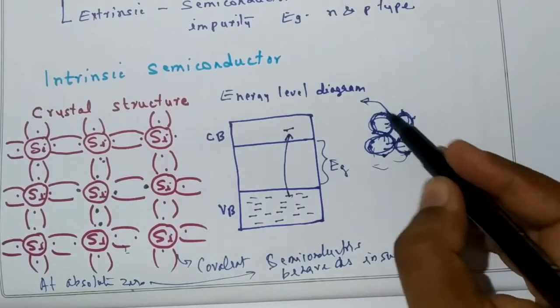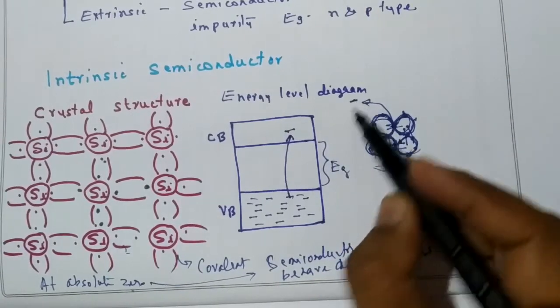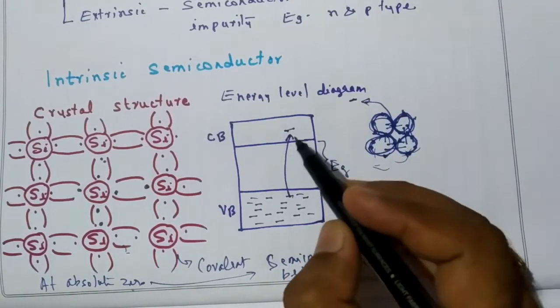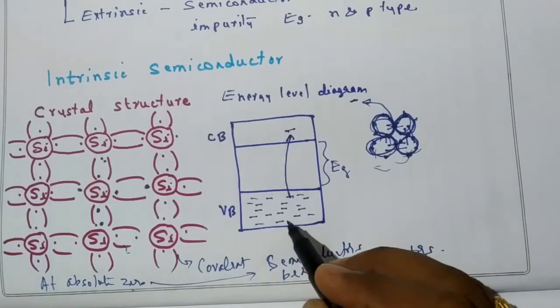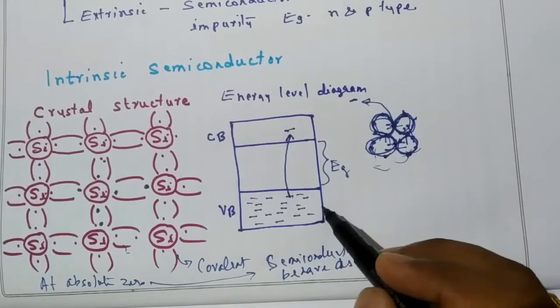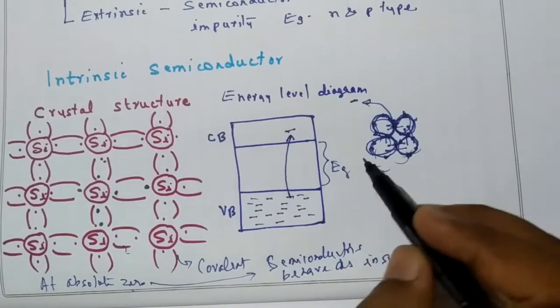This electron goes here and the energy of this is high, and we say that the electron is in the conduction band. Now what will happen in the valence band? There is one vacancy of electron because this atom lost one electron.